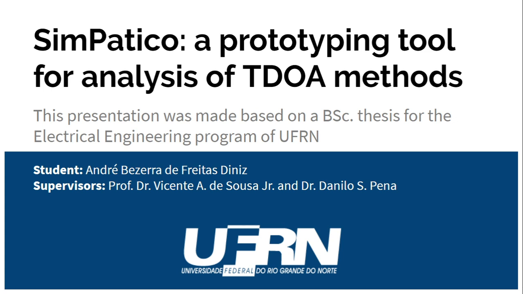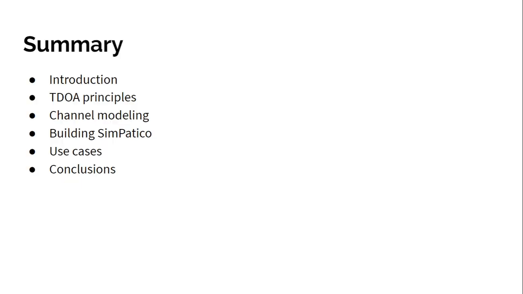So, to begin with, I'm going to go through a brief summary of the content that I'm going to present here. First of all, I'm going to talk about what is TDOA, in what kind of situation we use it, the applications that are involved with the calculation of TDOA, pros and cons.